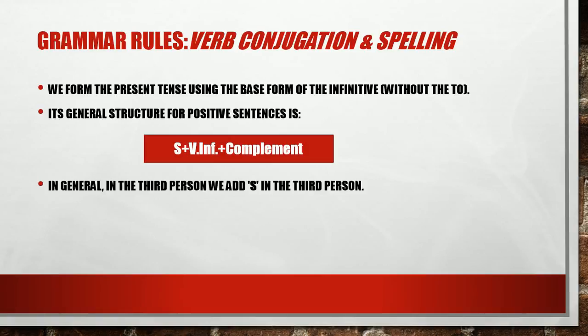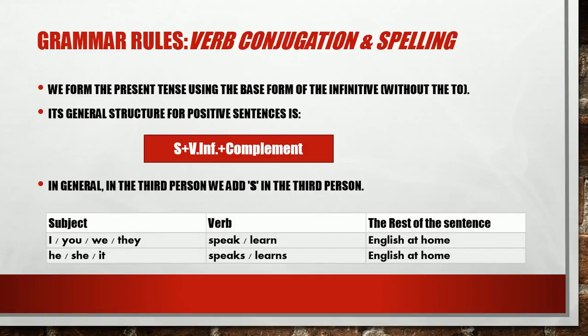So, for example, we have a little chart in which you can see the subject, the verb, and the rest of the sentence. Here we can see the first person and the second person, and here we can see the third person. It's different because in the third person, as you can see here, you have to add s at the end of the verb.